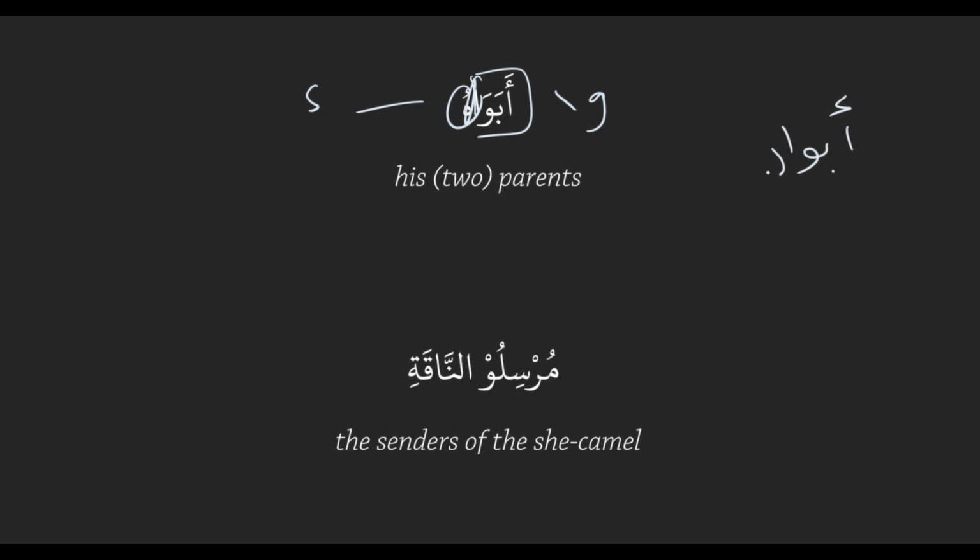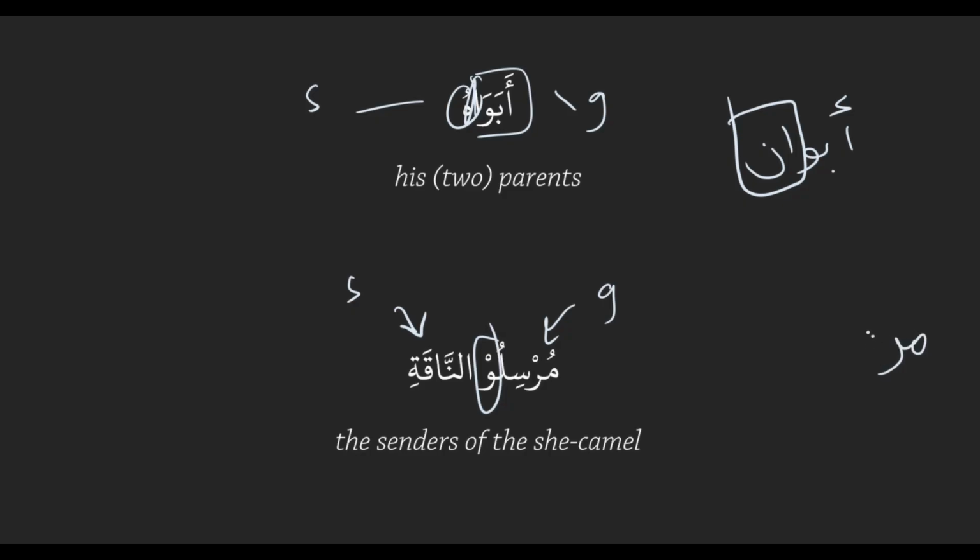So the original was abawani, and I recognize the ani ending. Same with mursilu naqa: mursilu is general, and naqa has an alif lam, so it's specific, so I know this is possessive. On my item, I see a waw ending, a vowel ending.